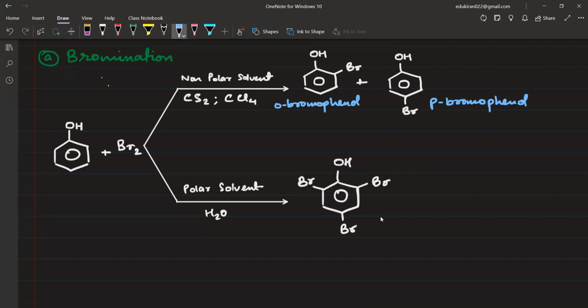This is phenol with 2, 4, 6 substitution, so this is 2,4,6-tribromophenol. Please write this down, then we will write the reason why this happens. This is very important, okay? So Br2 in the presence of CS2 or CCl4, you will get two products. In the presence of water, you will get only one product, that will be tri-substituted.